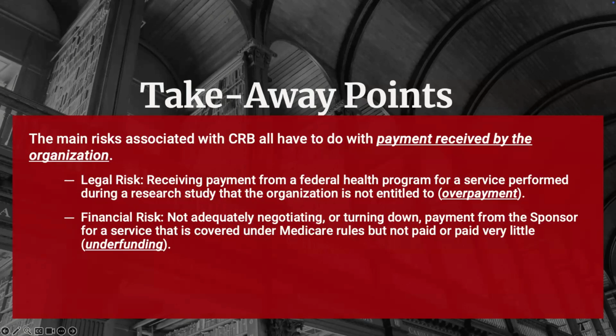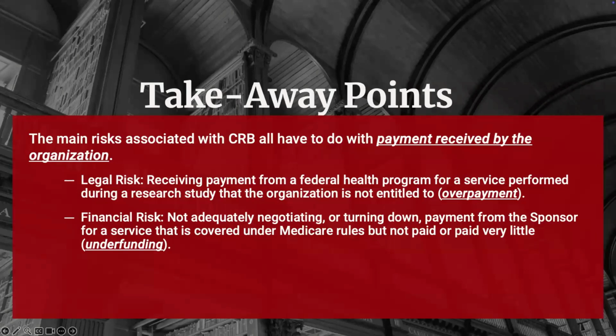So some takeaway points from our perspective. The main material risks associated with clinical research billing have to do with payment received by the organization. So that's mainly the legal risk and the financial risk. The legal risk is receiving payment from a federal healthcare program for a service performed during a research study that the organization is not entitled to. That is an overpayment.